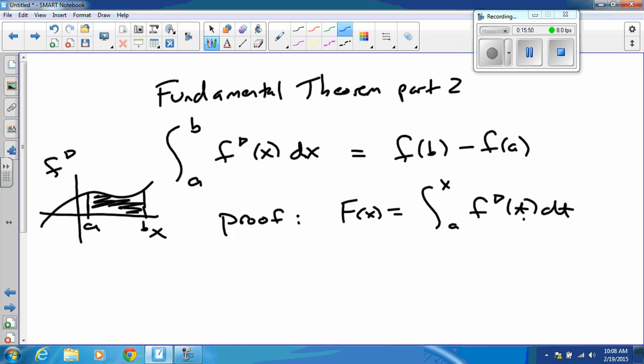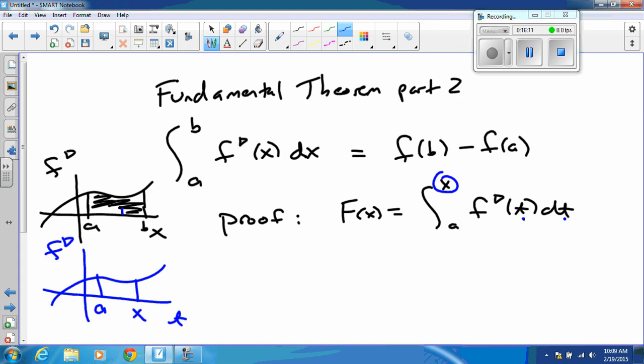Now notice that I switched out variables here, and that's okay because this is just my dummy variable. And I did that for clarity so that we understand that F of x is a legitimate function of x. So if I do a graph of f prime here, then I'm fixing a point a, and I'm integrating all the way out to the point x, just like that.